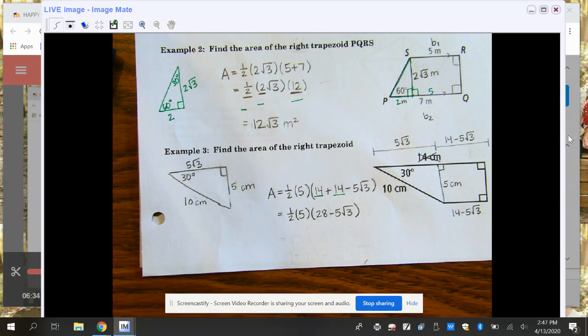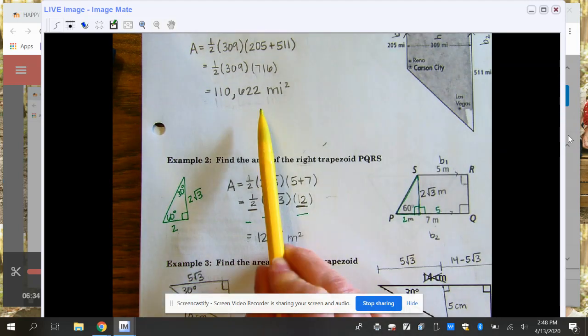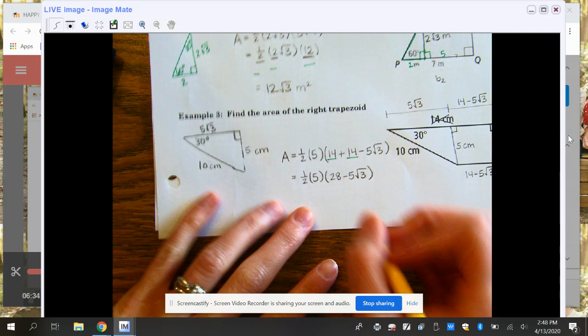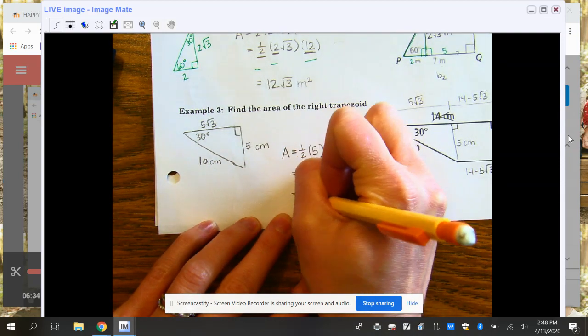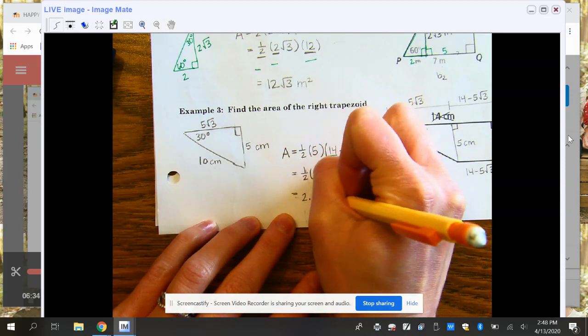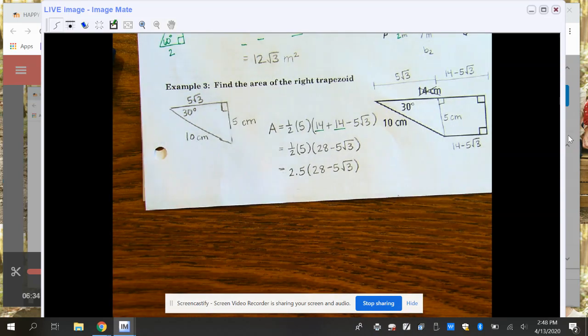Okay. And so what I would recommend then doing now is taking the multiplication in 2 steps. Because again, we've got this kind of compound radical here as opposed to just one value like we had with the 12 and the 7/16 here. So I'm going to start by multiplying the 1/2 and the 5 together. And then we will do the distributive property.